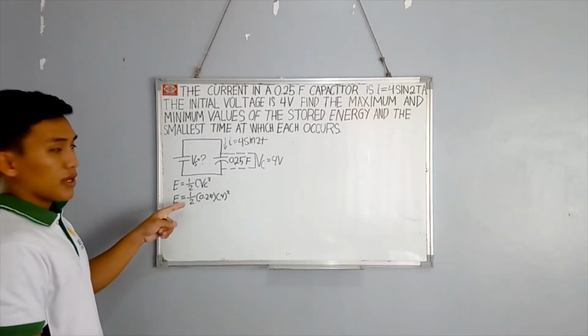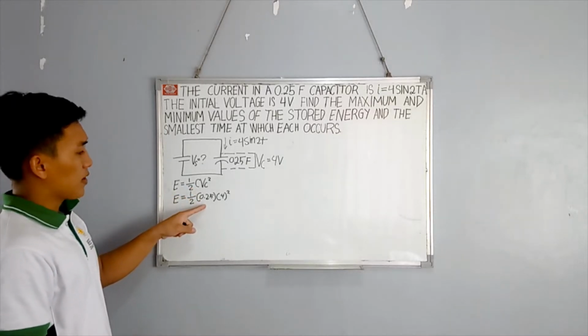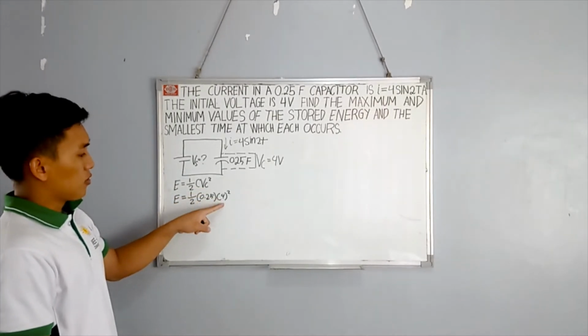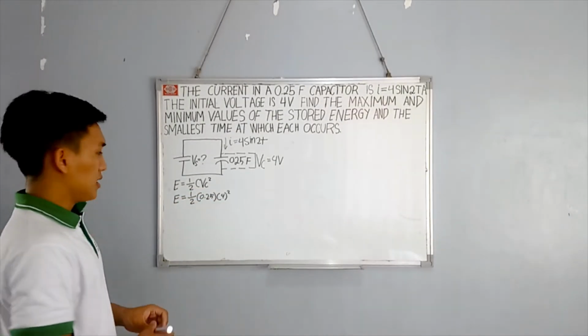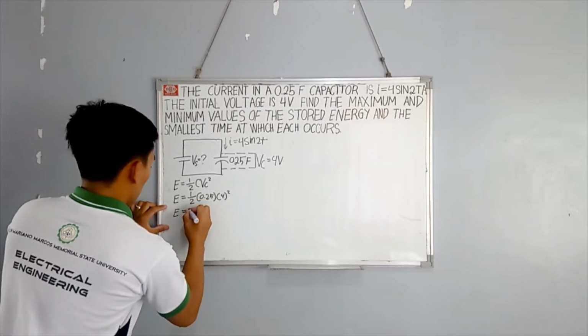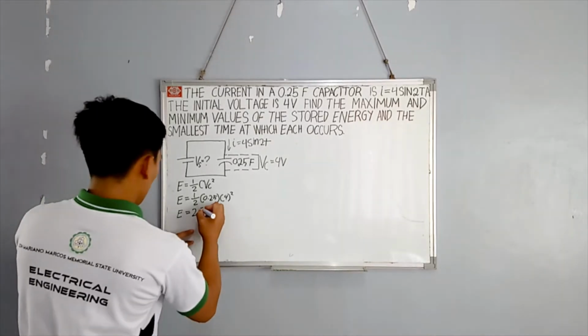E = 1/2 times 0.25 farad times 4 squared, and the answer is E = 2. The unit of energy is joules.